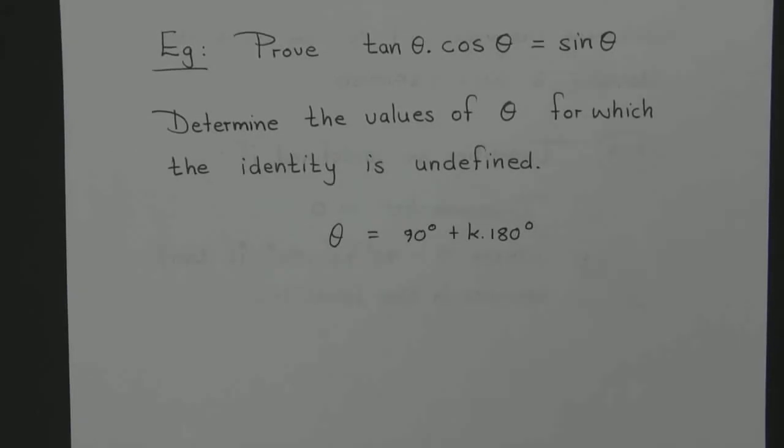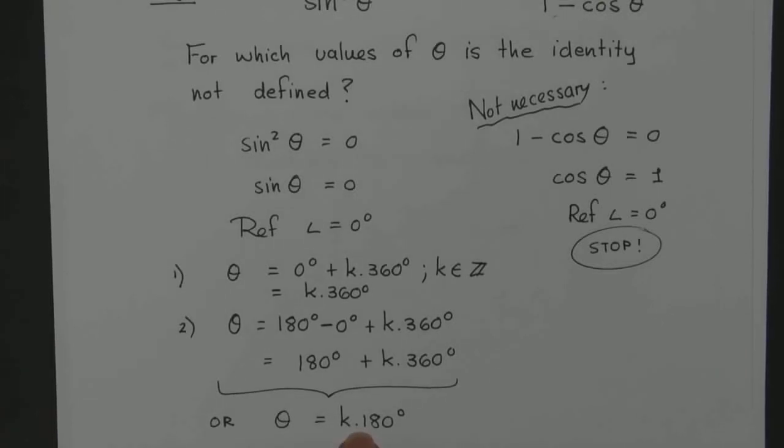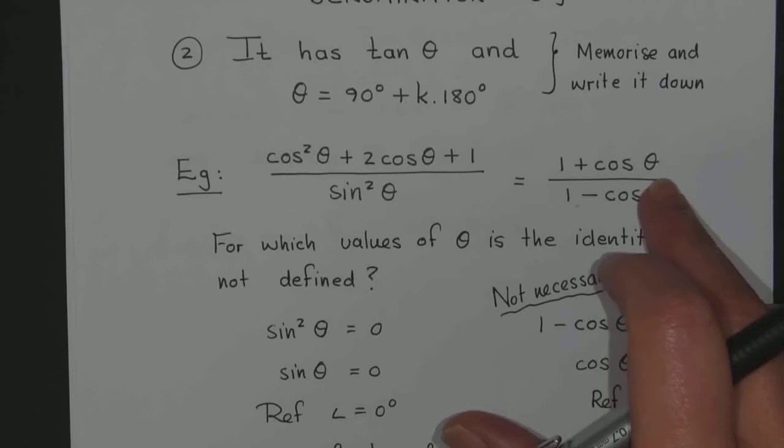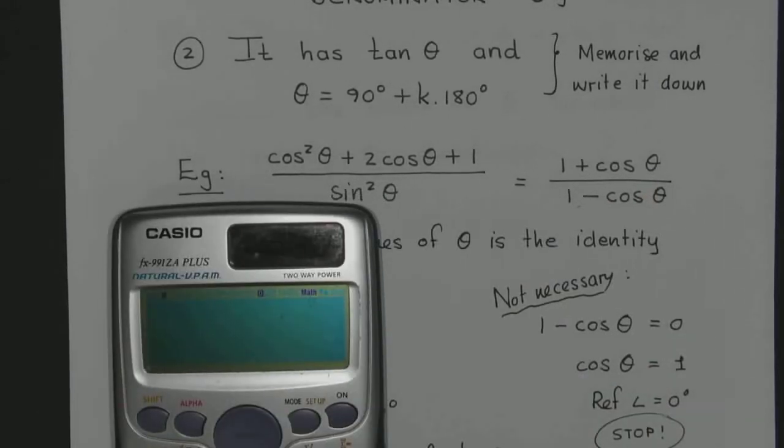So with this one, it required some extra work, but any multiple of 180 is not going to make the left-hand side equal to the right-hand side because I'm going to get a math error, and I'll prove it to you. Just quickly, look.